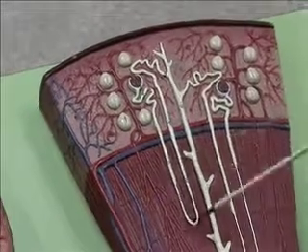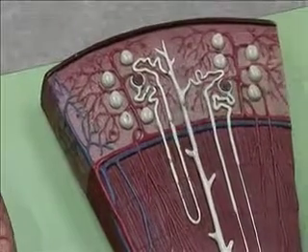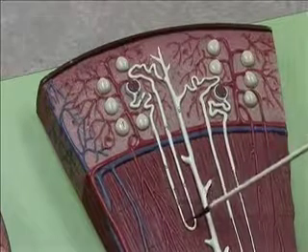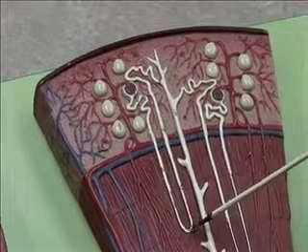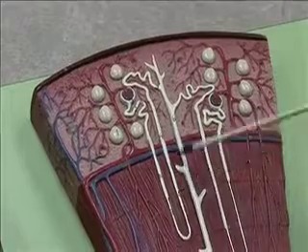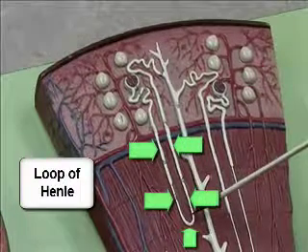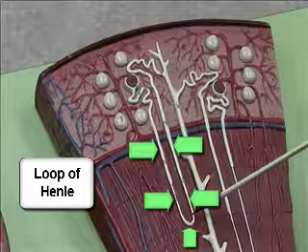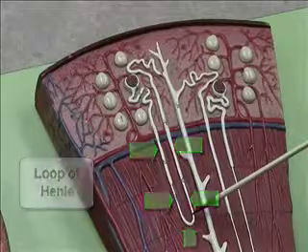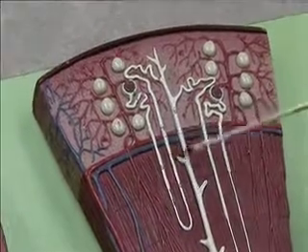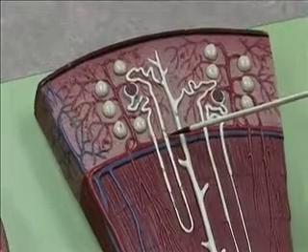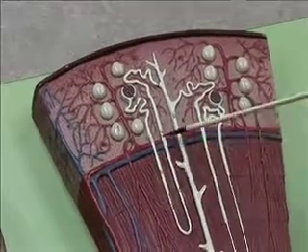Loops of Henle pass at least partway through the medulla, so the loop extends down on the descending side, folds back up, and ascends on the opposite side. So this becomes the ascending limb, going up toward the cortex.